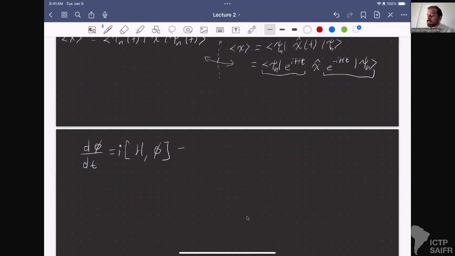And in this picture, you get the same answer as in the classical case with the Poisson bracket, where the time derivative of the field is equal to the momentum operator. Then the time derivative of the momentum operator is going to be given by this other piece of your Hamiltonian.